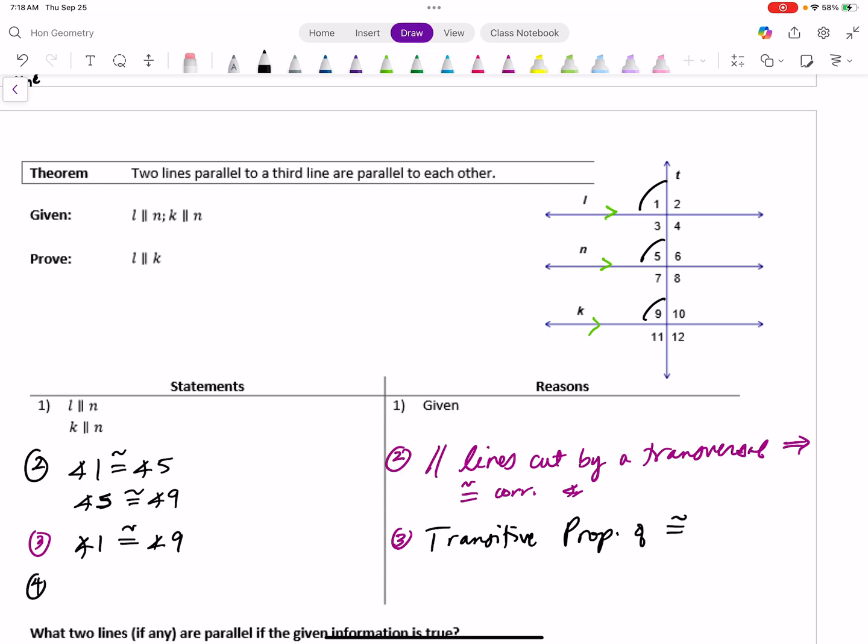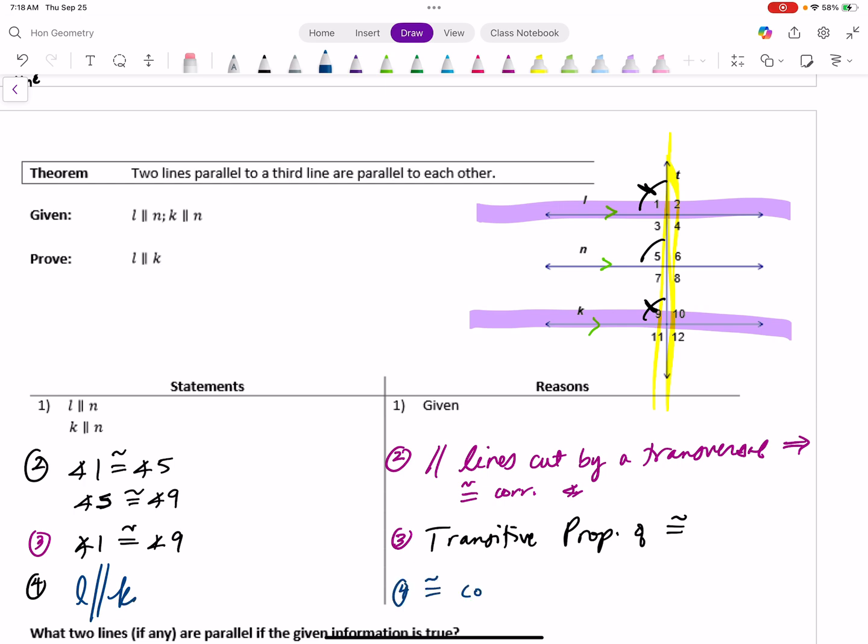And therefore, if 1 is congruent to 9, then that's a pair of corresponding angles off of these two lines cut by this transversal, which makes those two lines parallel. So L is parallel to K because congruent corresponding angles imply parallel lines cut by a transversal.